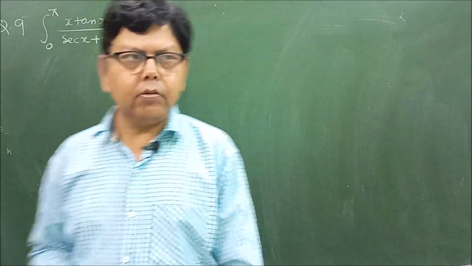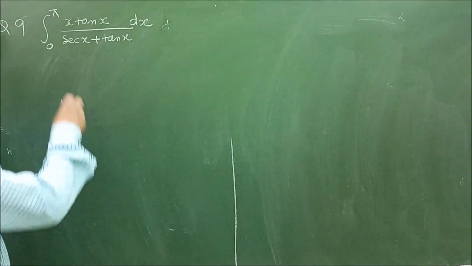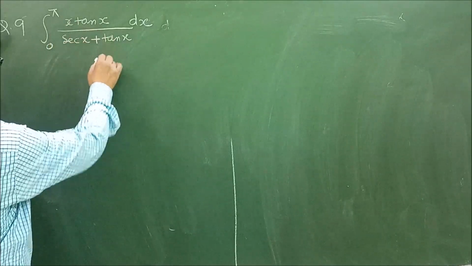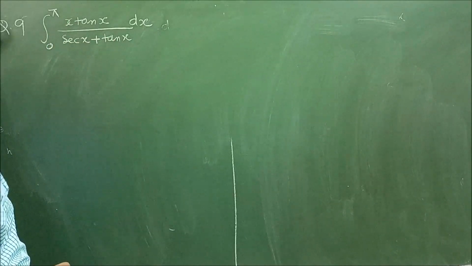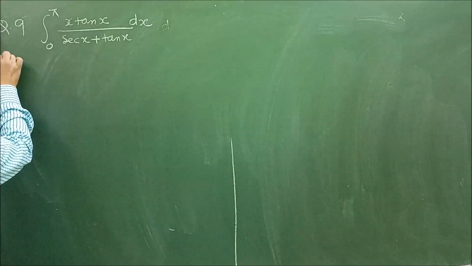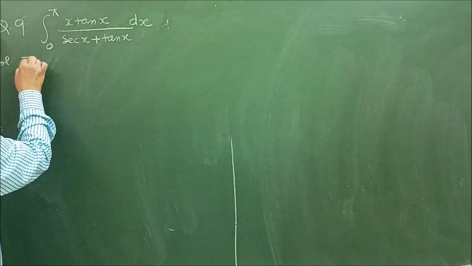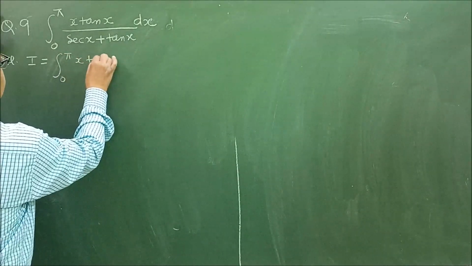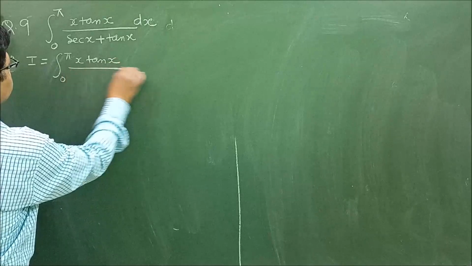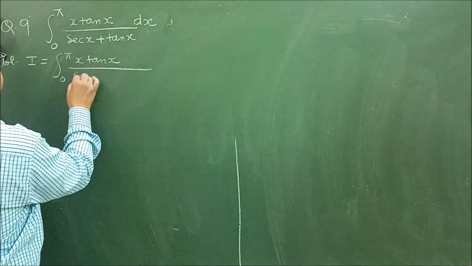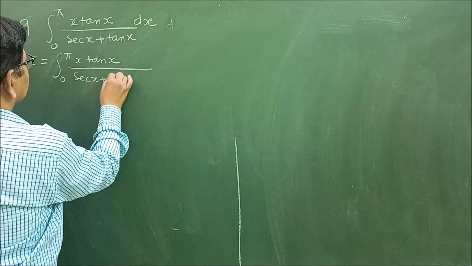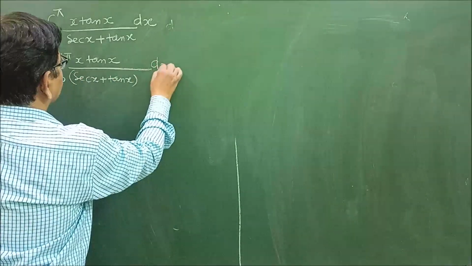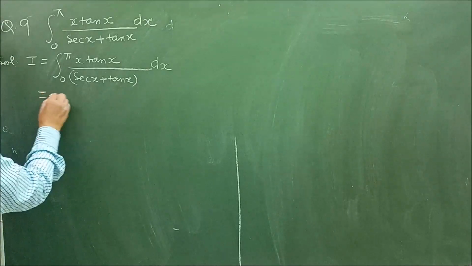Next question, question number 9. Evaluate the definite integral from 0 to pi of x tan x upon sec x plus tan x dx. So let us take this definite integral equal to I. Now let us first simplify this.